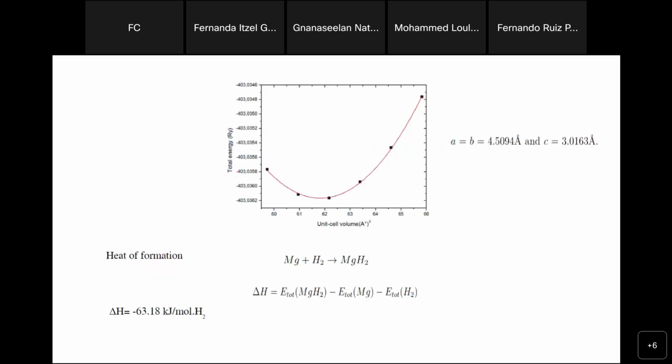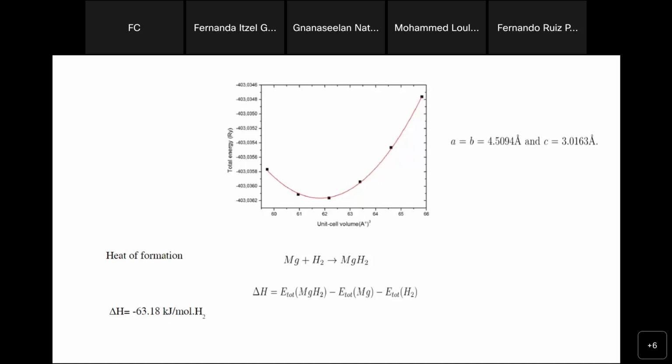First of all, one has to look for the minimum of the energy to determine the cell parameters. As we can see from this figure, the minimum of the total energy of magnesium hydride is obtained for these cell parameter values. Such values obtained theoretically are in agreement with the experimental ones.